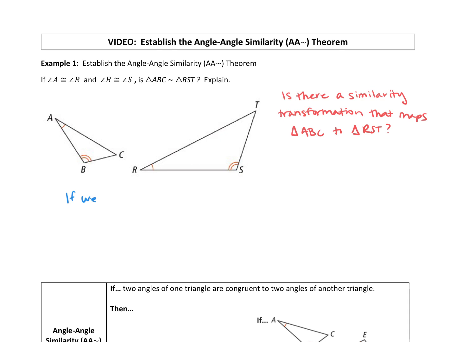So just to sum that up in words, if we rotated A to meet R, and then dilated, the triangles would match.